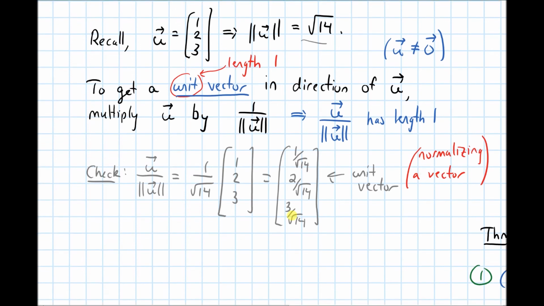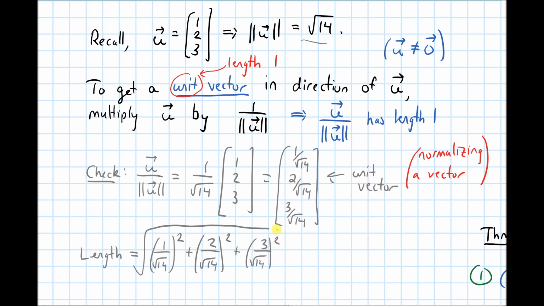Now let's just check that the vector that we got actually has a length of 1. So let's compute the length. I square all the entries, so 1 over root 14 squared, then I sum them, plus 2 over root 14 squared, plus 3 over root 14 squared, and then we square root that.